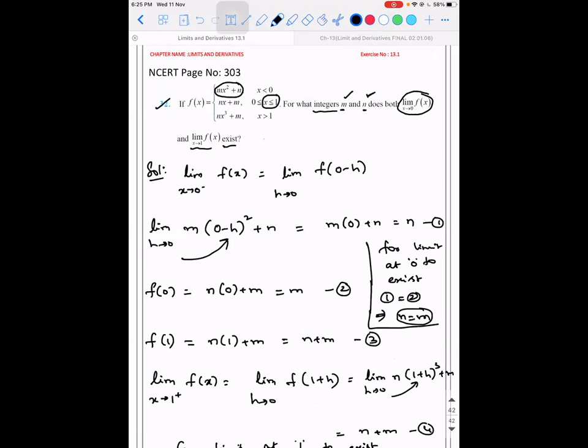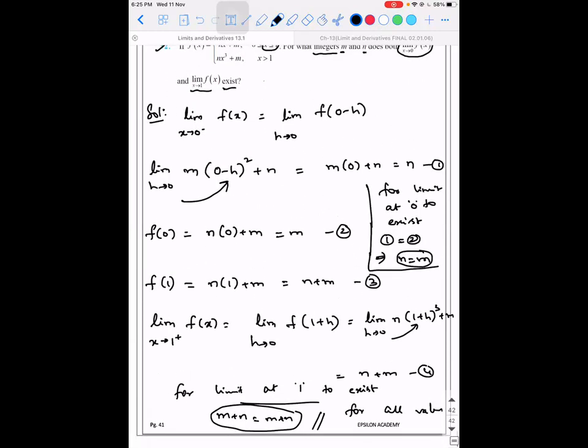Whatever number it is, whether it is 1, 2, 3, but it has to be an integer because they told m and n are integers. So the answer will be for all integer values or integral values. I'm not sure how the answer is given at the back.